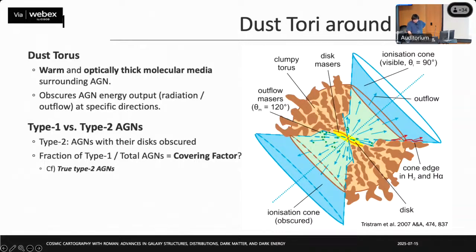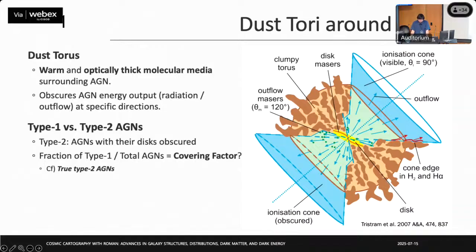So the torus is a warm and optically thick molecular medium surrounding the AGN, which obscures the AGN energy output towards a certain direction. This is why we have type 2 AGNs, where the accretion disk is obscured from the observer by the dust torus.